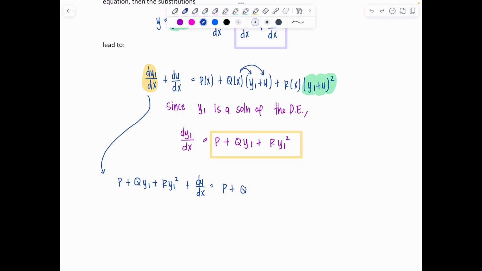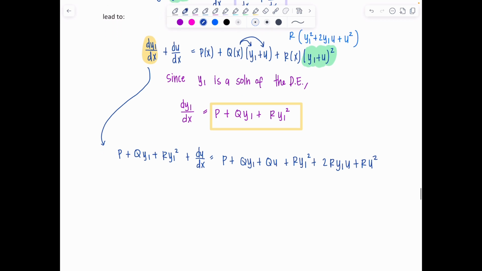q y1 plus q u plus, okay, let's be careful here. This is y1 squared plus 2 y1 u plus u squared, and all of that gets multiplied by r, right? So we'll have r y1 squared plus 2 r y1 u plus r u squared. Okay, what happens?